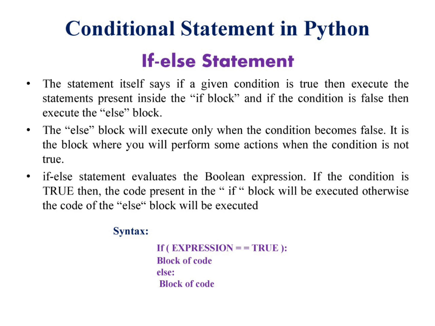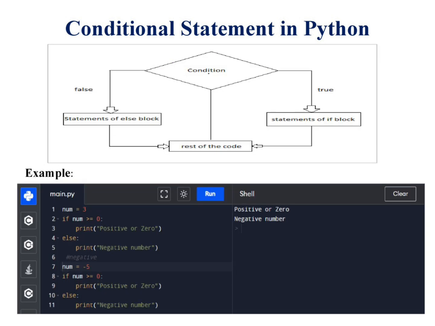So this is the flow chart of the if else statement. If the condition is true, the statement of the if block will be executed. If the condition is false, the statement of the else block will be executed. Let us move on to an example. I am going to print whether the number is positive or not using the if else statement. Let num is equal to 3.